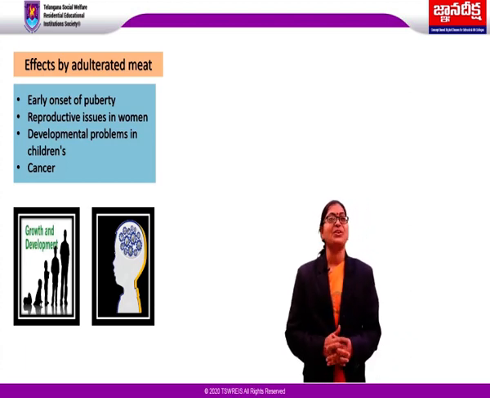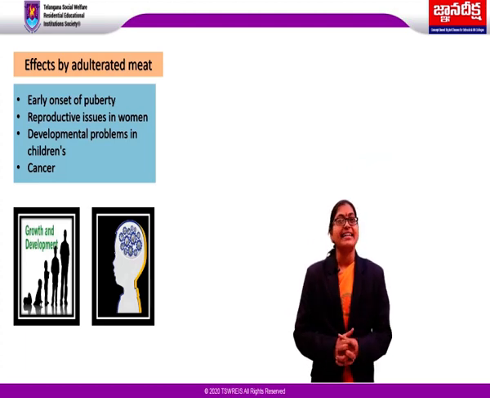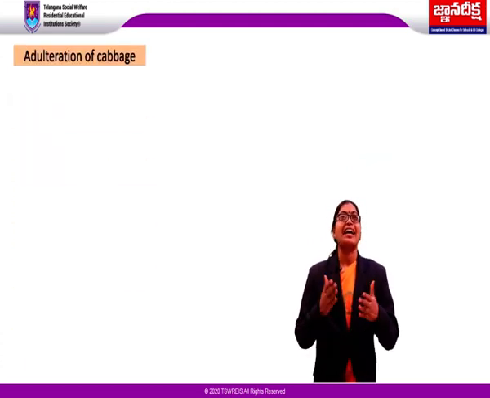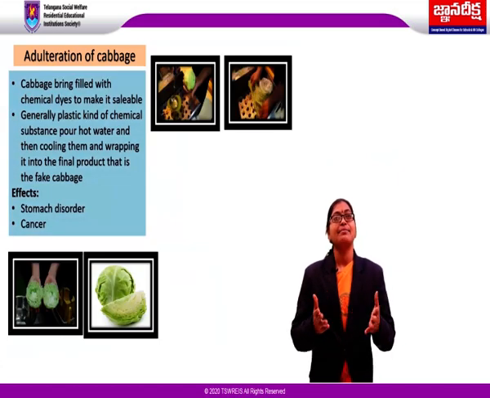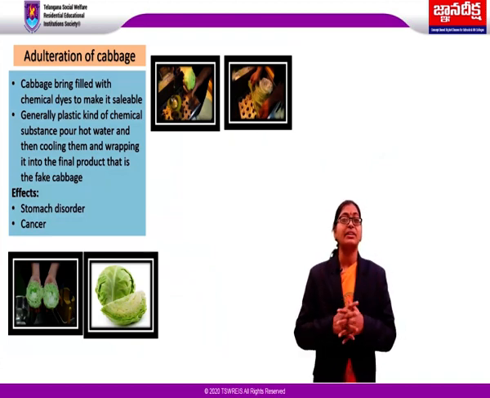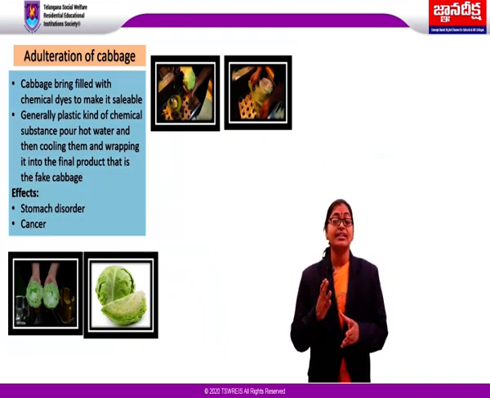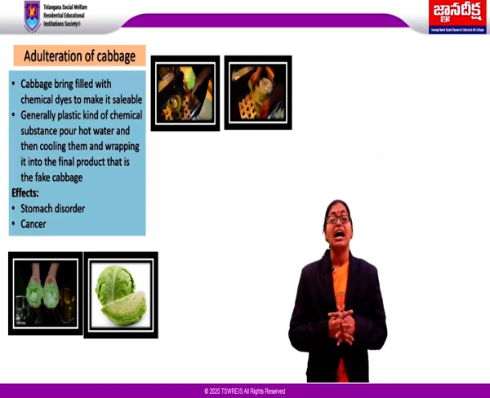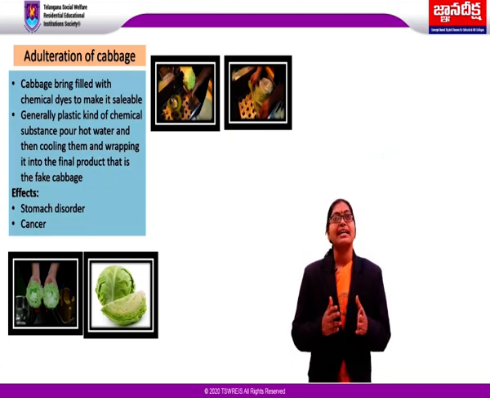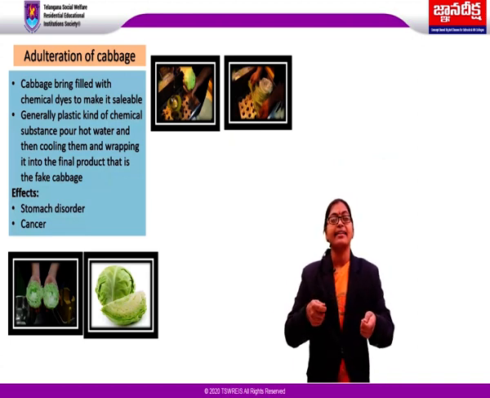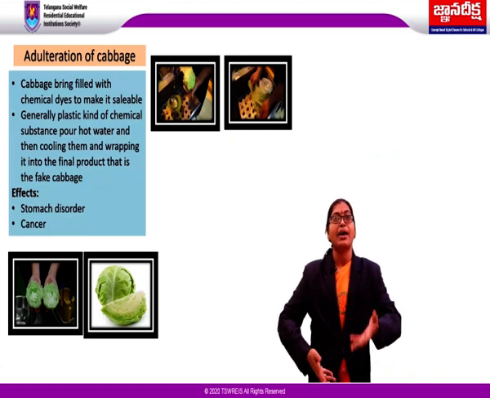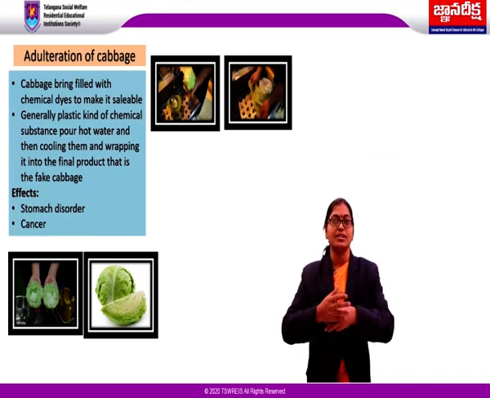Now children, we are going to see another contamination of vegetables, that is called adulteration of cabbage. Cabbage is being filled with chemical dyes to make it saleable. I was shocked and wondered, children, when I heard that in China they are making artificial cabbages and lettuces. Generally, plastic-like chemical substances are poured in hot water, then cooled and wrapped into the final product.